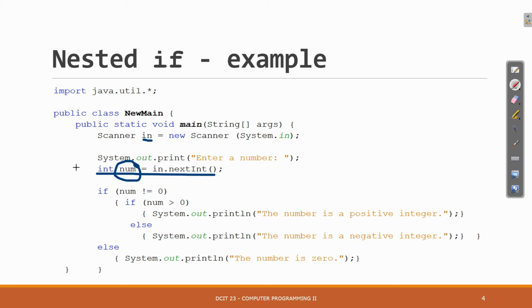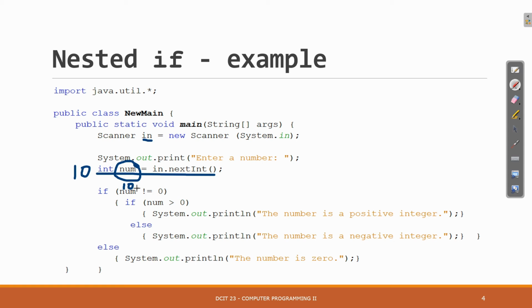Now, let's try to assume na nag-input yung user natin ng 10 for num. Okay? So, dahil nag-input siya ng 10, i-handle siya dito ni num na variable. Now, the idea of this code is that it will identify a number kung positive, negative, or zero pa siya. So, paano siya ma-identify? So, let's try to simulate this one.